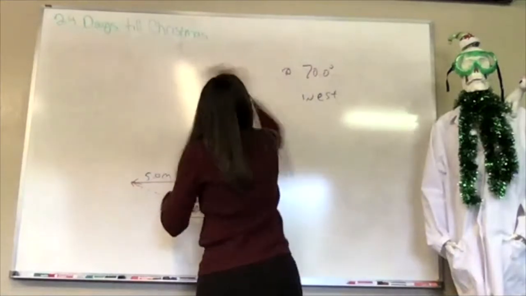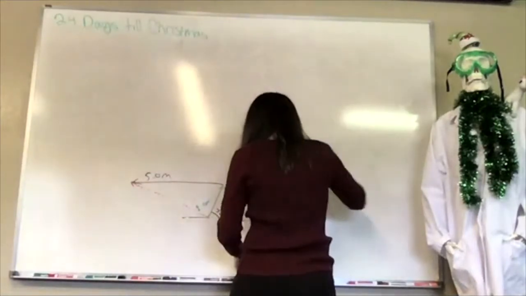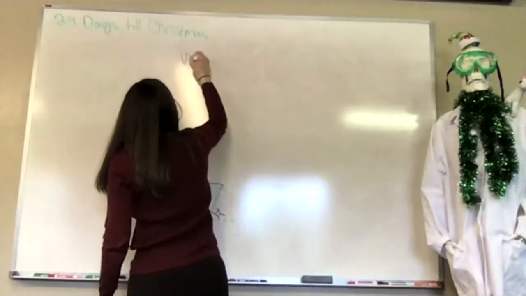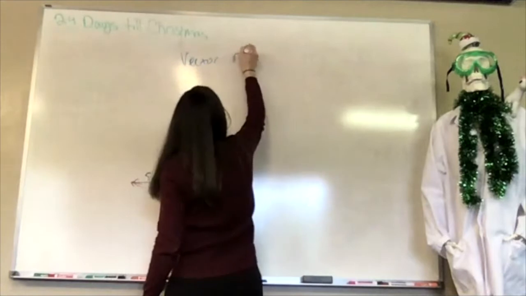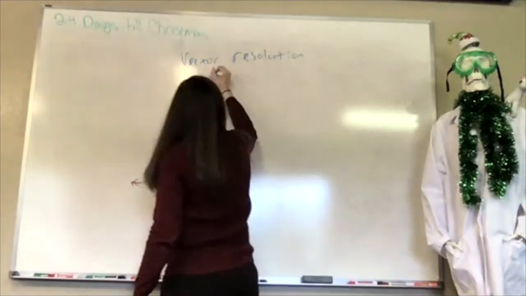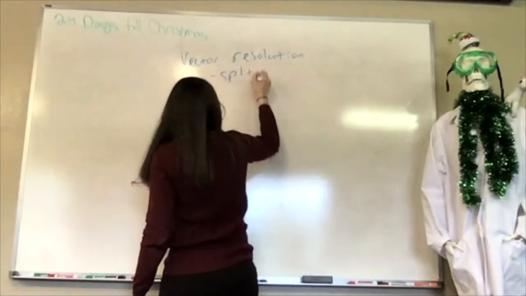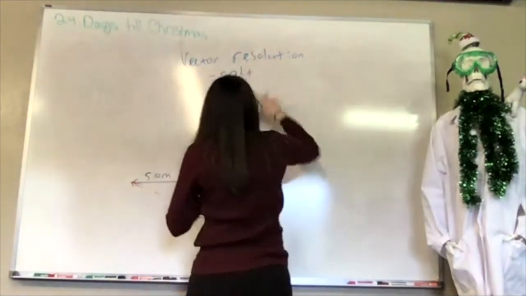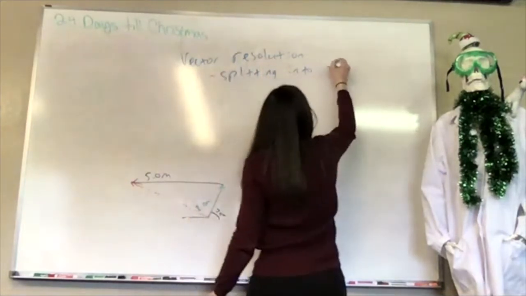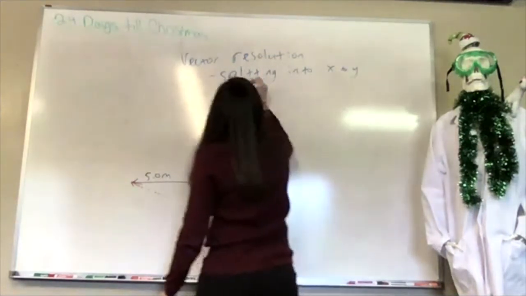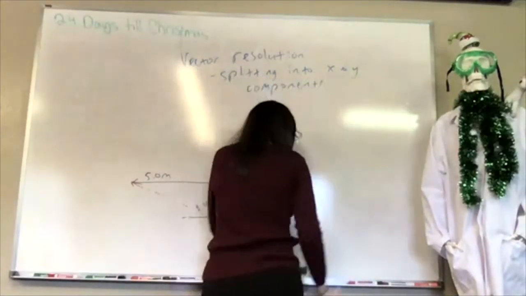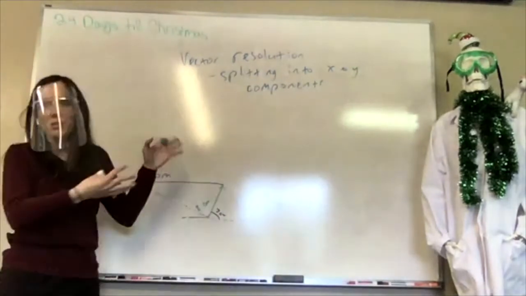So the way to solve this, I think that makes the most sense, would be to use vector resolution, which basically just means splitting vectors into x and y components. Which might sound difficult, it's really not.